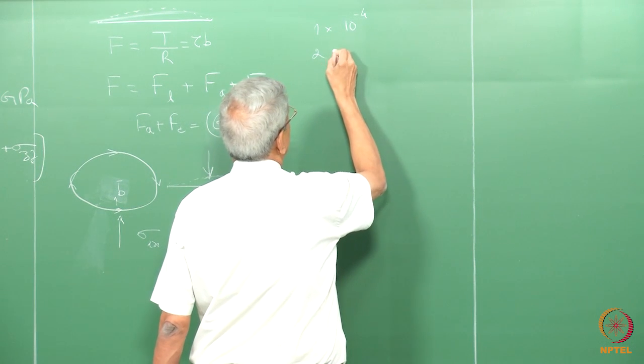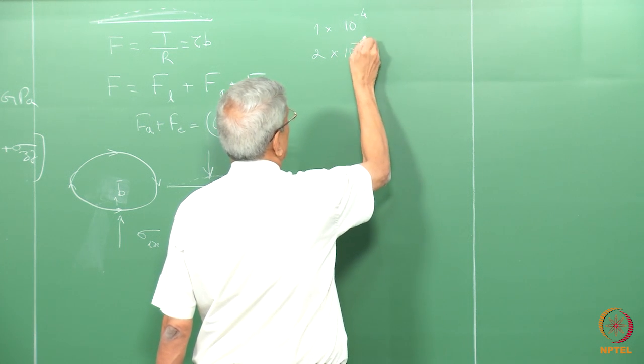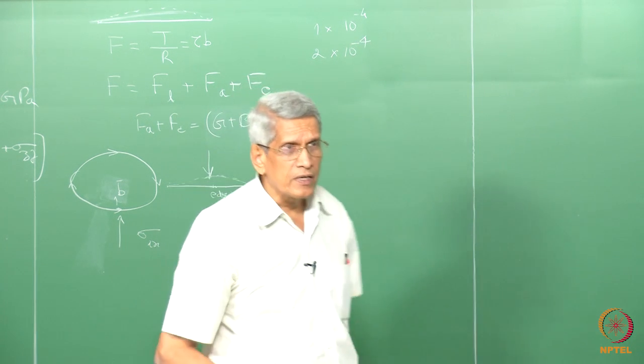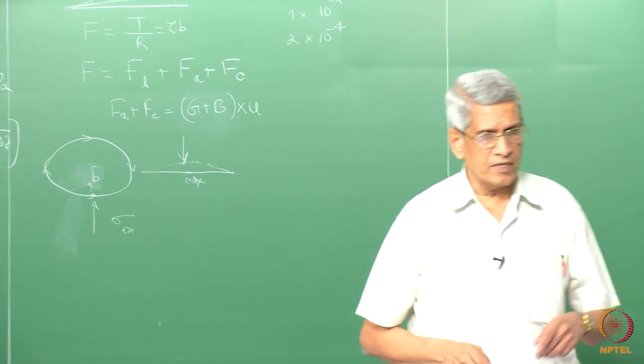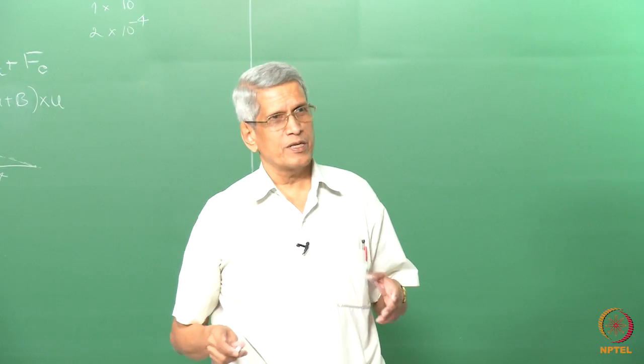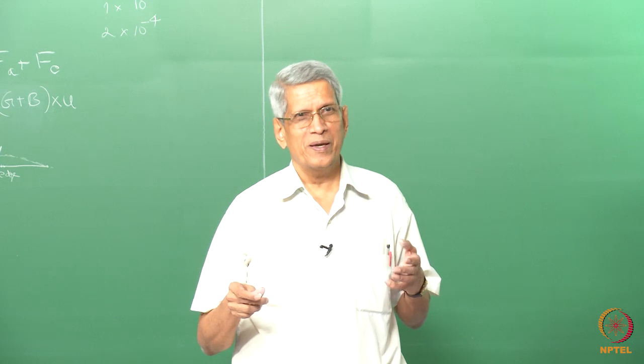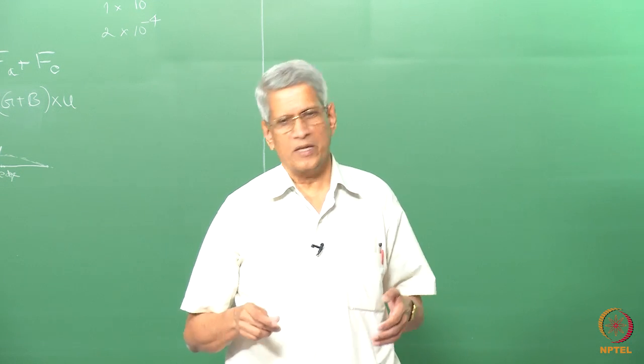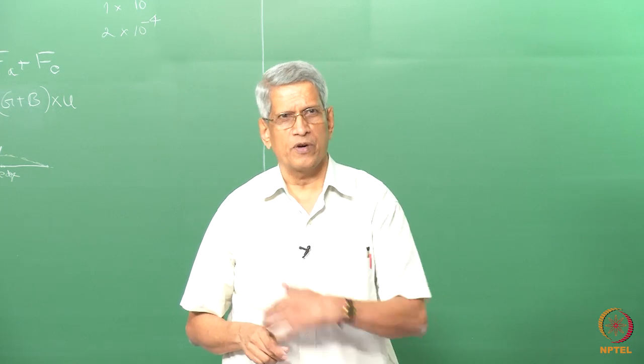It is increased to 2 into 10 to the power of minus 4, the vacancy concentration. Just this increase in concentration will put a stress which will turn out to be much above the theoretical shear strength. One can do this calculation and work it out.